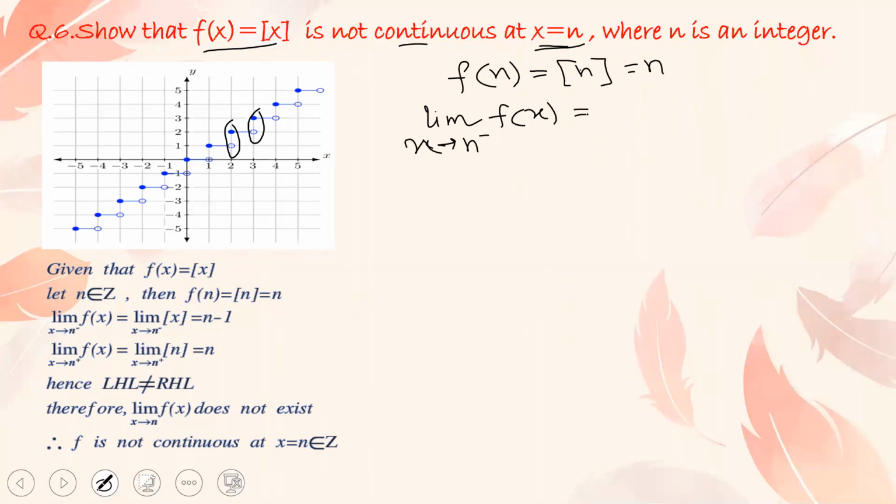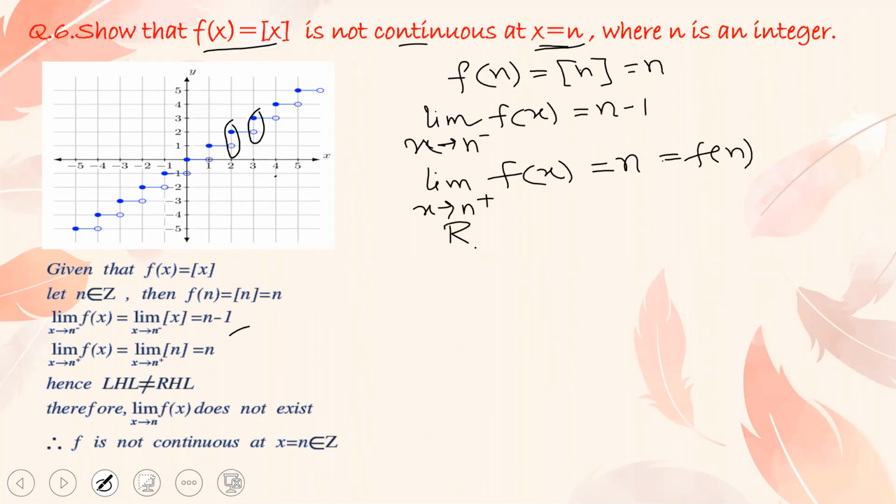So before n, the value of the box function is n minus 1. From here you can check. And for limit x tends to n plus, after n, if I check this 4, after 4 the value is 4, that is the value of this right hand limit is n, which is equal to the functional value.